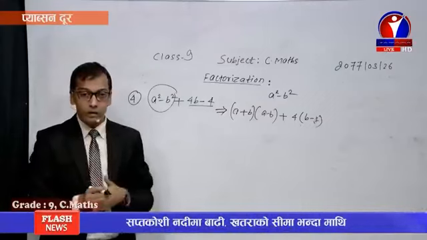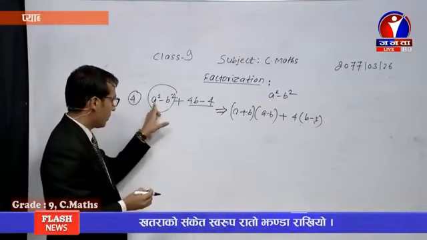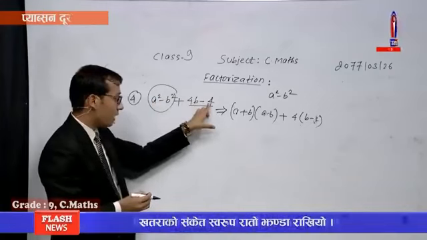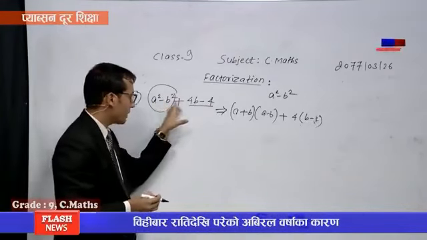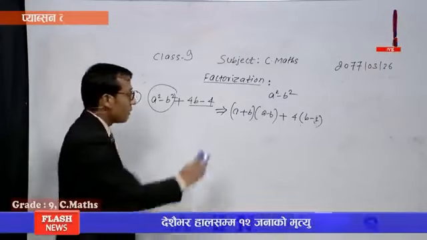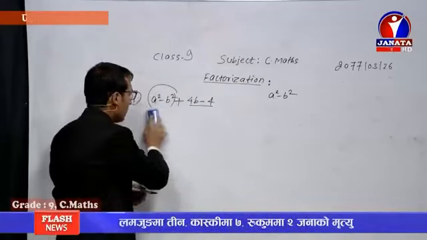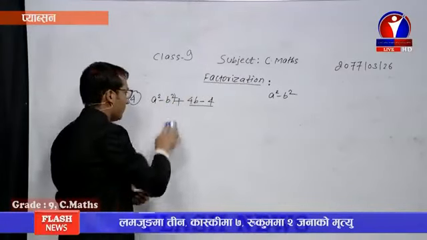Now let's think. Can we factorize this expression by rearranging the terms, like arranging a square and negative 4 and b square and positive 4b? No. So what is the process of this? Let me take the negative sign common from the second term.